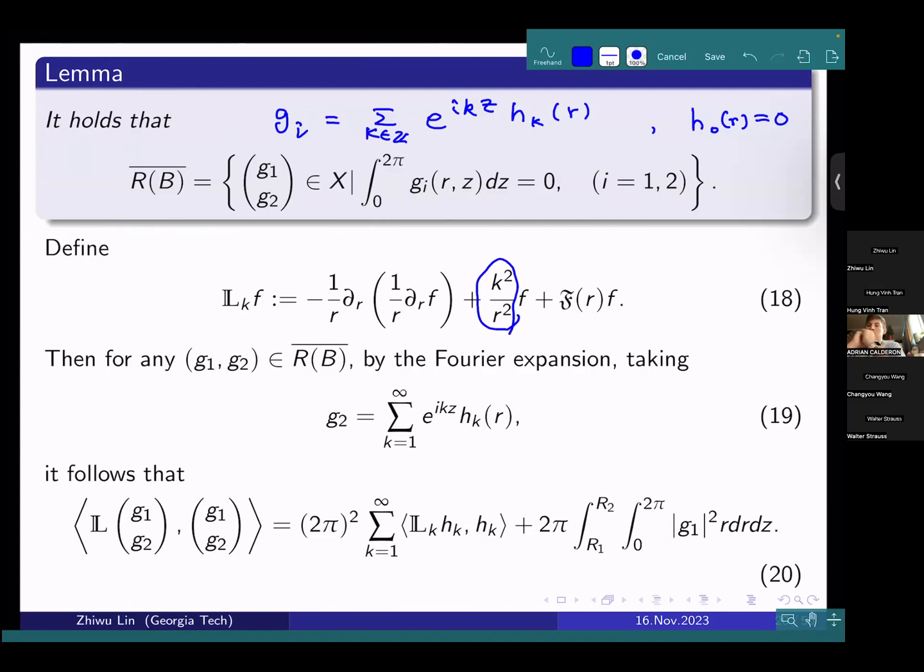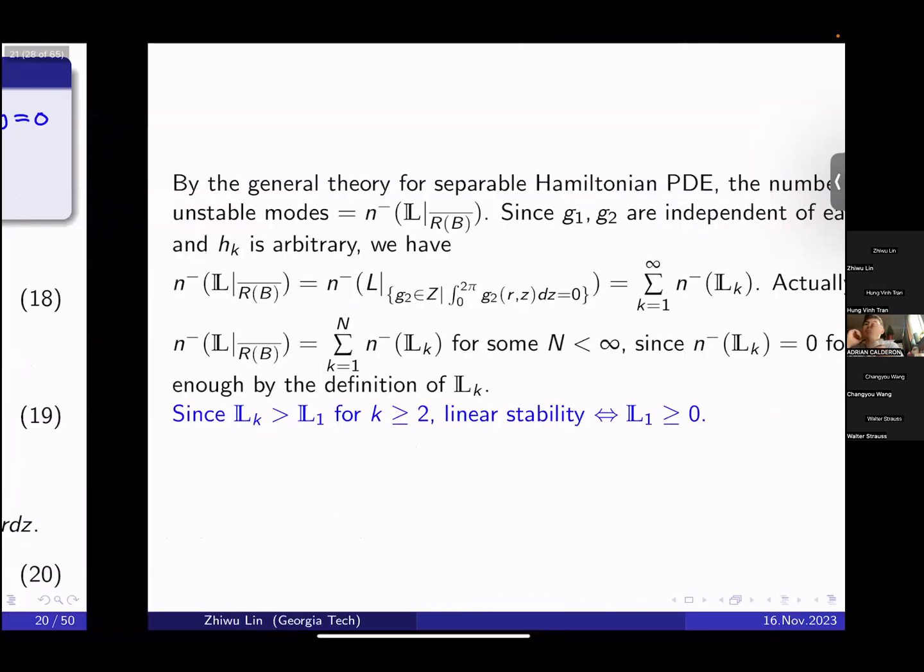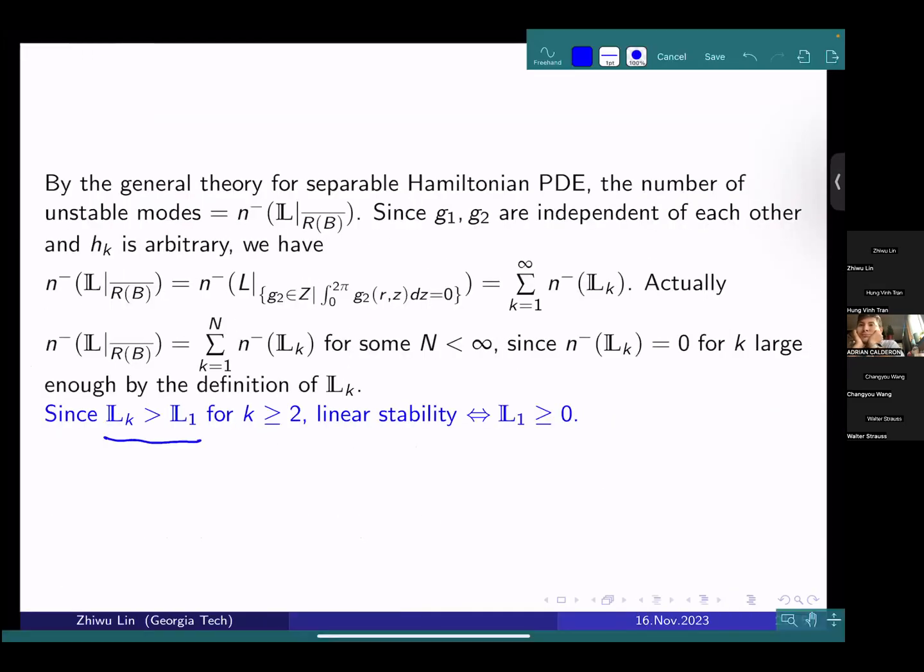If for K equal to 1, there's no negative eigenvalue, then for any K greater than 1, there's also no negative eigenvalue, because if K is larger, then you have the relation LK is greater than L1 for any K greater or equal than 2. So eventually, the linear stability condition is reduced to checking that an ODE operator L1 has no negative eigenvalue, right?